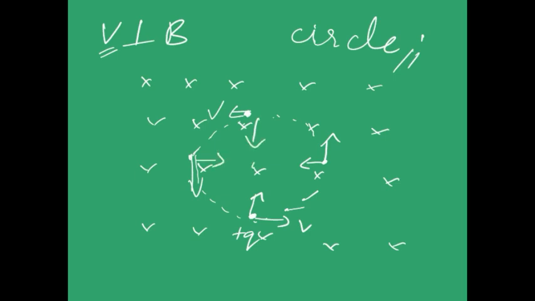Observe that. So, you know that whenever a body observes a circular motion, it has something called a centripetal force, which is given by mv squared by r, where v is the velocity, r is the radius of that circle, and m is the mass of the body. And here the centripetal force is nothing but the magnetic force, which has magnitude qvb.